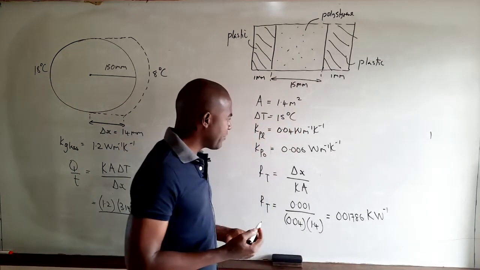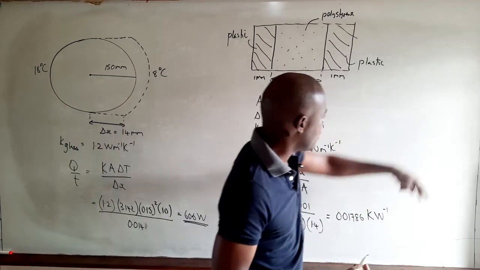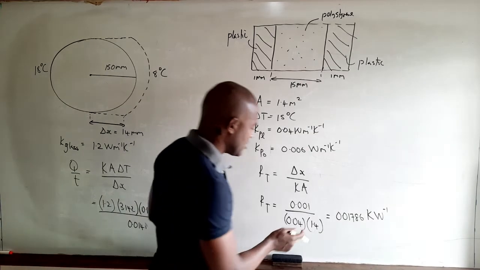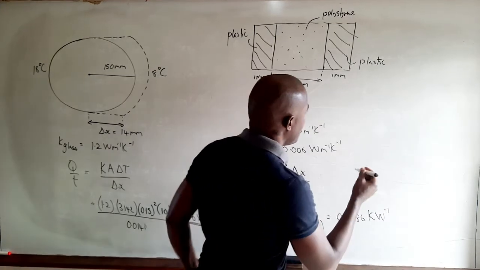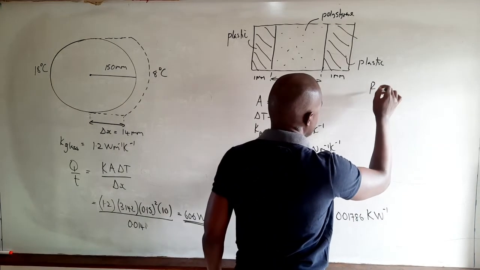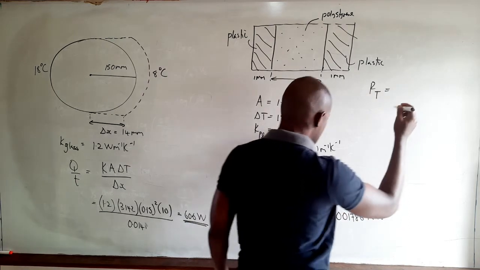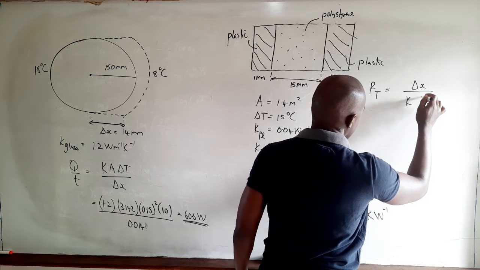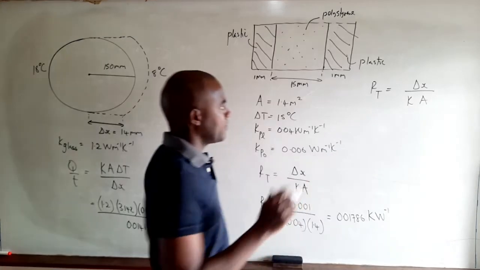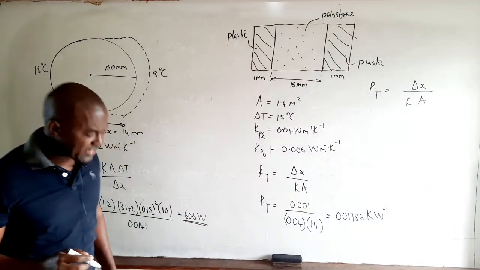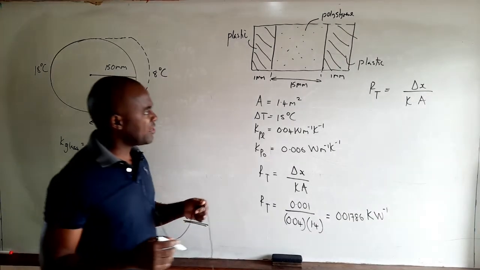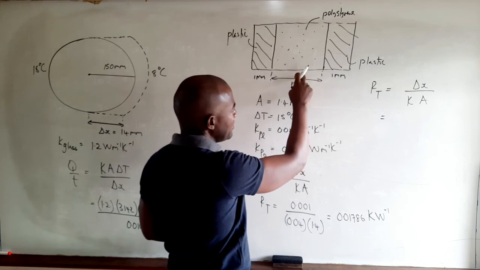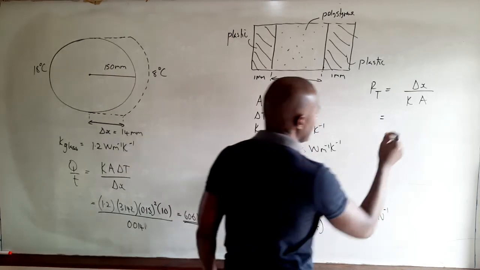So having done that for the plastic, we'll also do it for the polystyrene, right? So this is the thermal resistance of the plastic. Now for the polystyrene, the same formula applies. So RT is equal to delta X, the thickness, divided by the thermal conductivity K times the area A. The thickness in this case is 15 millimeters or 0.015 meters.